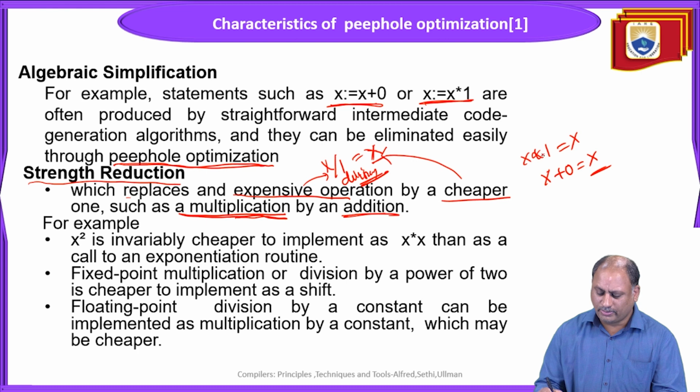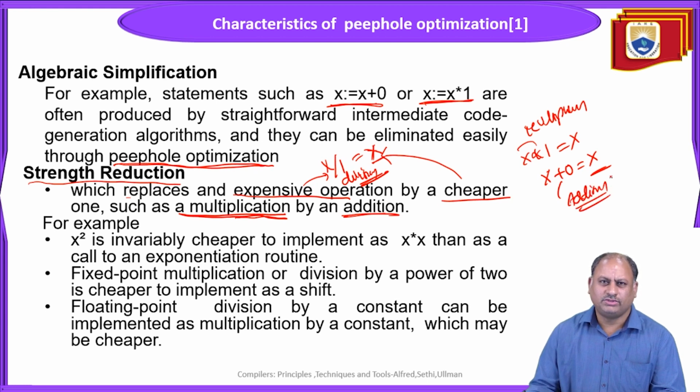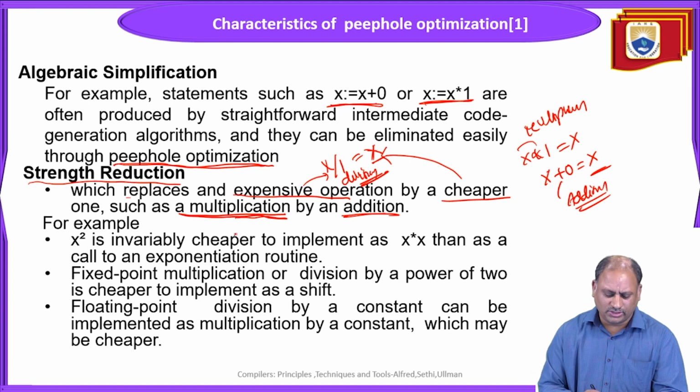So here the multiplication operation is avoided, and we can perform an addition operation, or the addition operation can also be replaced with some other operation at some other level. We are going to try the possibility of different things. For example, x power 2, x square, we can consider as x star x.